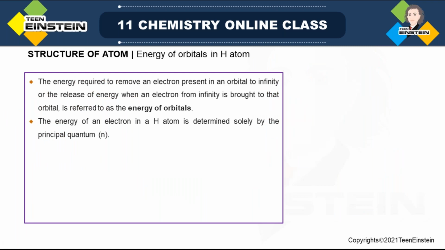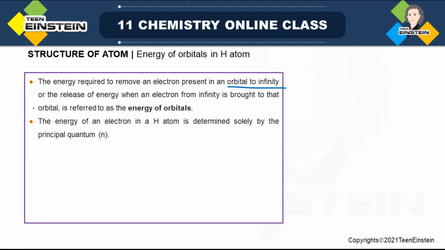Okay, so we have some more time, so we can discuss the next topic, that is the energy of an orbital in a hydrogen atom and also the energy of an orbital for multi-electron atoms, because the hydrogen atom is single electron. After discussing it, we will also see it for a multi-electron system. The energy required to remove an electron present in an orbital to infinity: when you are moving the electron present inside the atom to infinity, obviously you have to provide some energy.